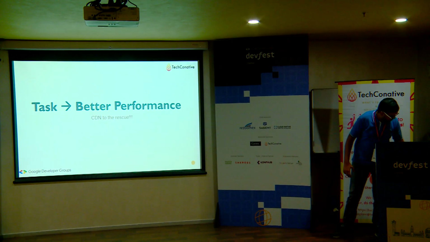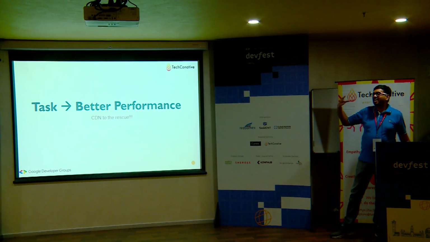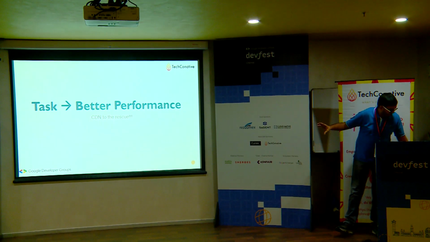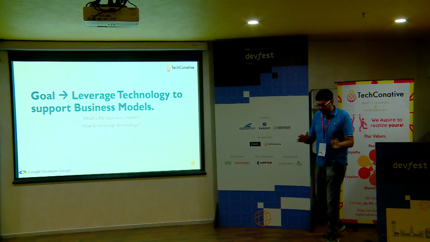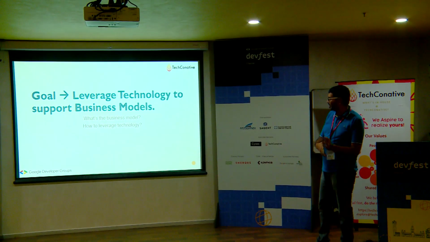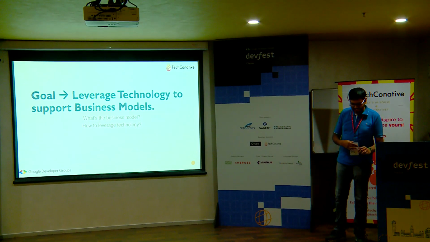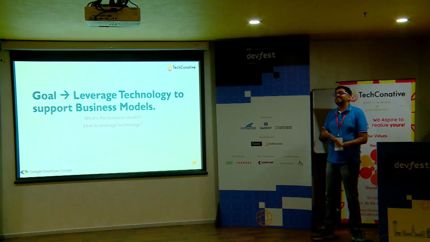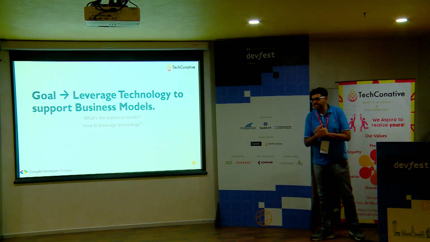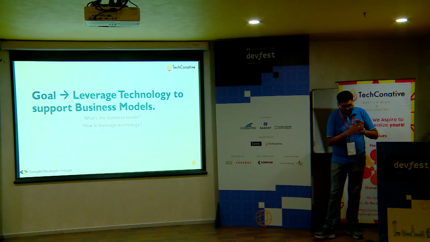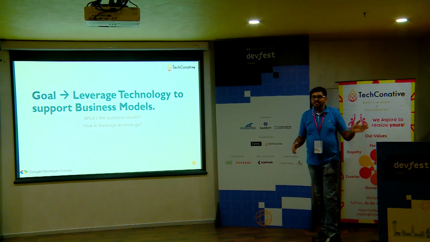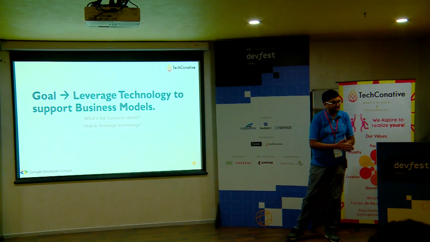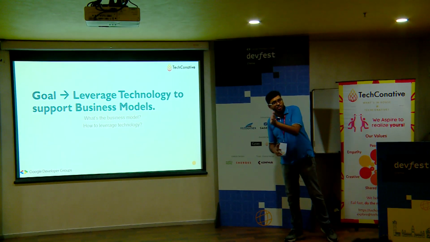So I'm going to the goal of how we can solve it in business terms. This is a slide which I had already prepared before, and I'm just drawing some insights from Ranjit. So our goal is to leverage the technology to support certain business models. As technology evolved, from a management or business perspective, the business models have also evolved.